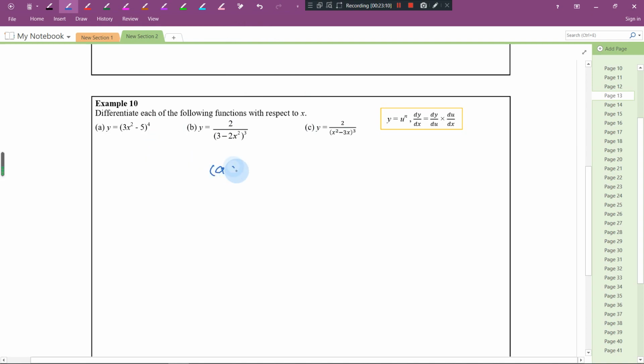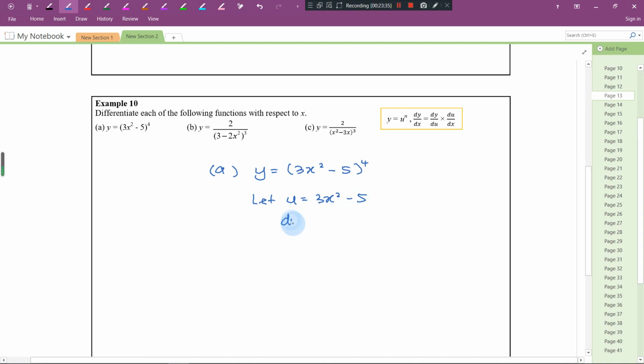Part A. y equal to 3x squared minus 5, raised to the power of 4. So we just let this whole thing be u. Let u equal to 3x squared minus 5.